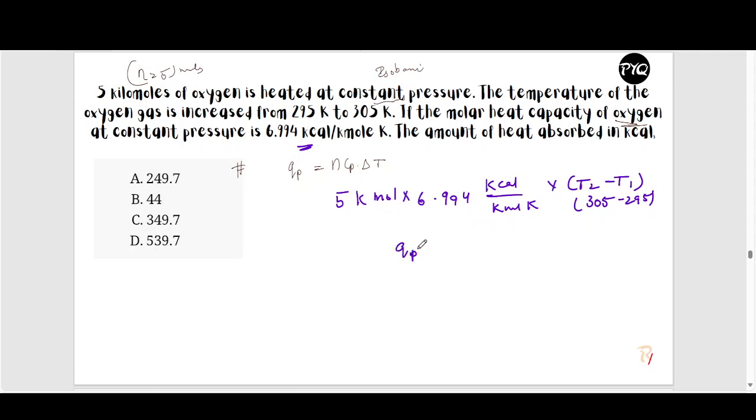Therefore Qp equals 5 kilomole into 6.994 kilocalories per kilomole Kelvin into 10 Kelvin. Kilomole cancels, and that gives me the required answer.